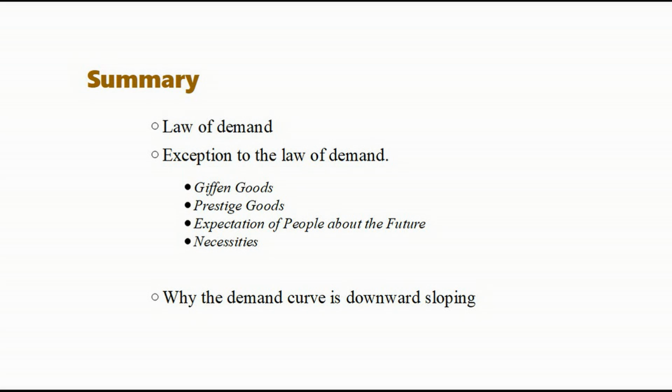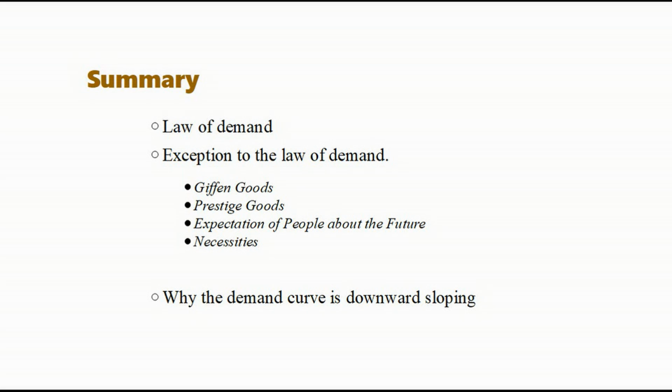Expectation of people about the future: they expect that there will be a much higher price in the future, and they purchase the commodity in a high quantity, even if there is an increase in price. Or when there is a low price, people expect that there will be a much lower price in the future, and their purchases also decrease. Again, this creates a positive relationship between quantity demanded and price.